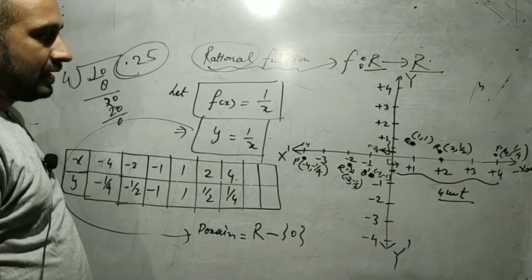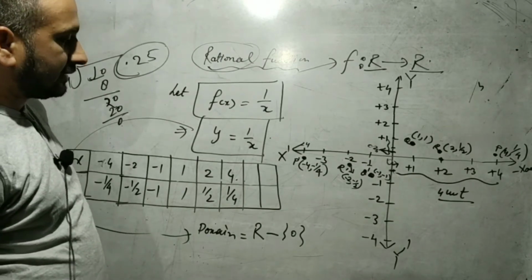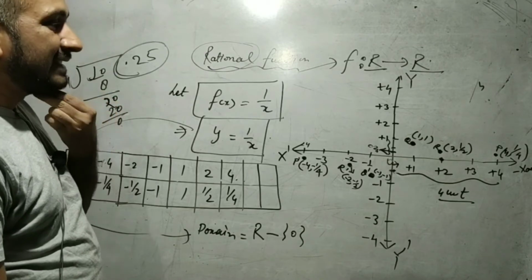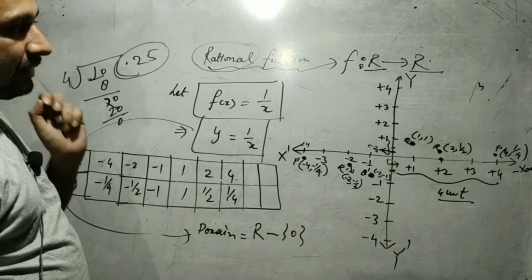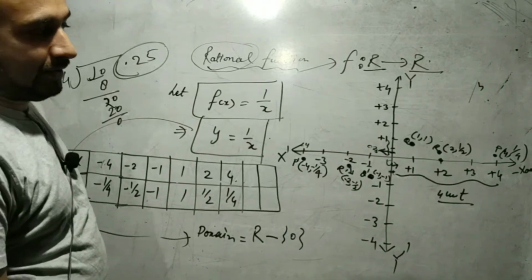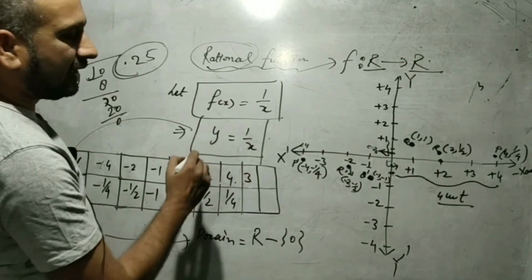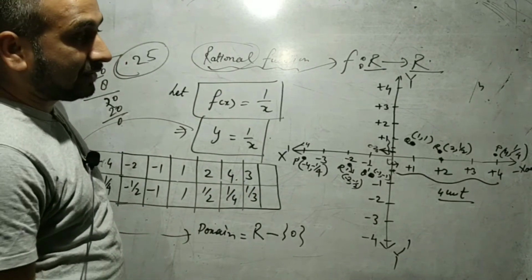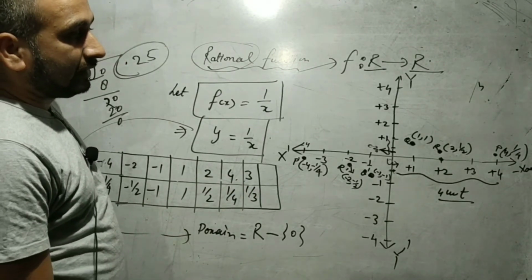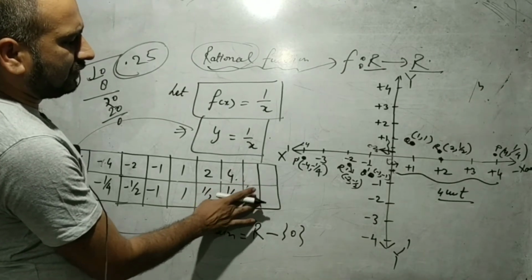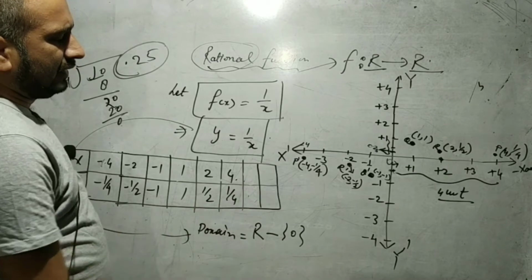Now students, we will also take some more points. Suppose if x is 3, tell me what is the value of y? y is 1 upon 3. And where will you locate? No, ignore it. Don't do it.